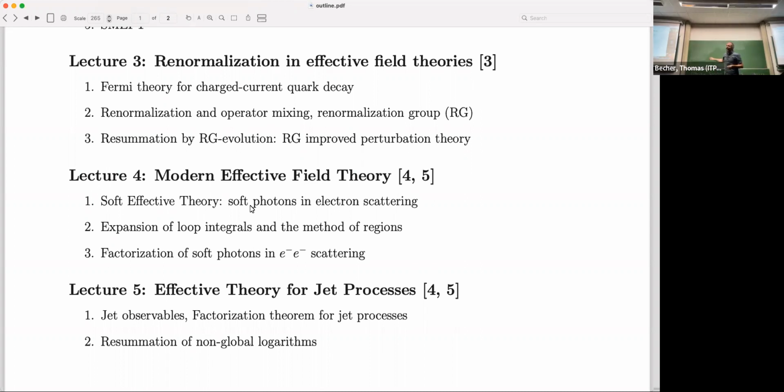Somehow my colleagues now decided to call this weak interaction effective theory WET. But it's a good name. It was always not so clear how to call it, because Fermi, of course, had the effective theory for the beta decay, but nowadays there are many other things as well. But of course, it's Fermi's idea.